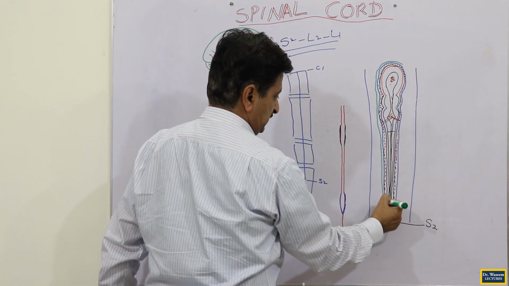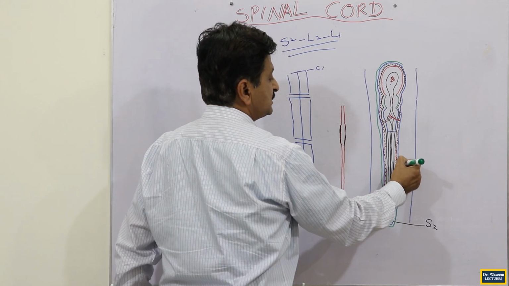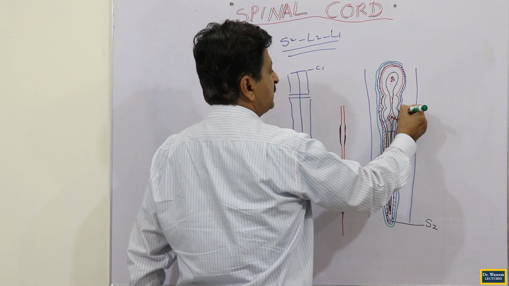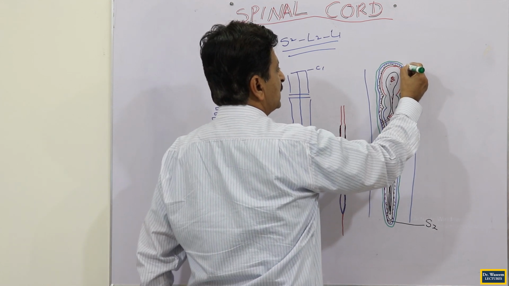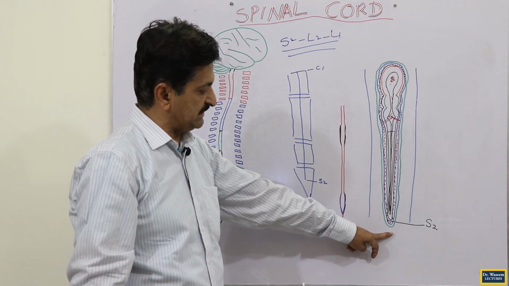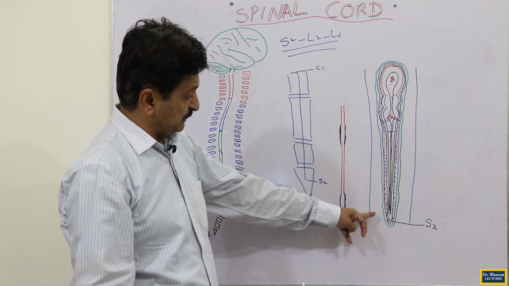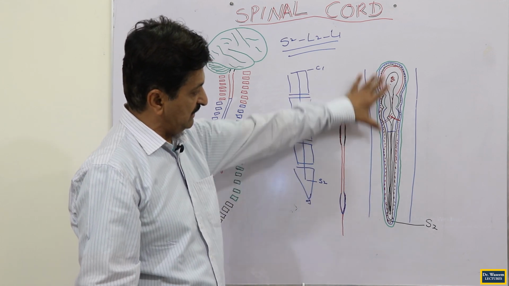Where originally? Originally it is at the S2 level. Why S2? Because, looking at embryonic development, in the beginning the spinal cord was also at the lower level of S2. So all these meninges will be lying at the lower level of S2.